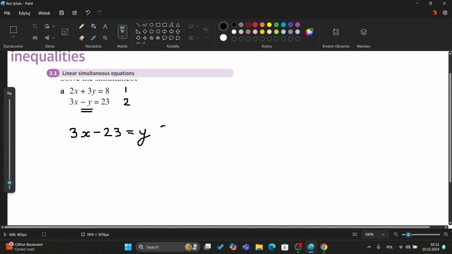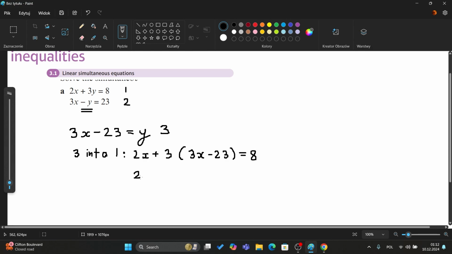Now I can substitute my equation 3 into equation 1. So 3 into 1, that will be 2x plus 3 times the y expression, which is 3x minus 23, equals 8.